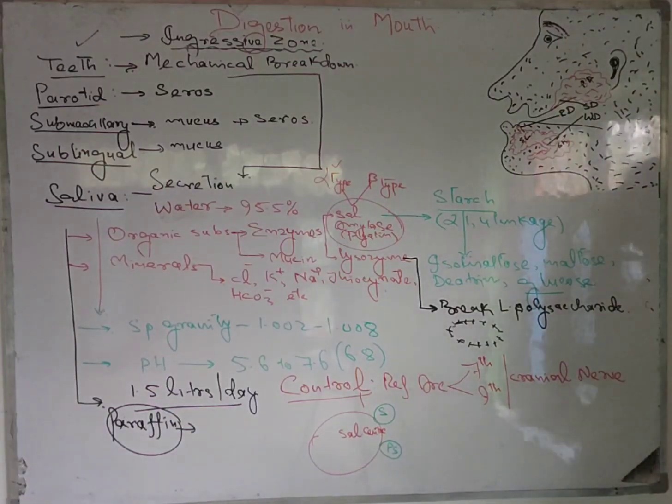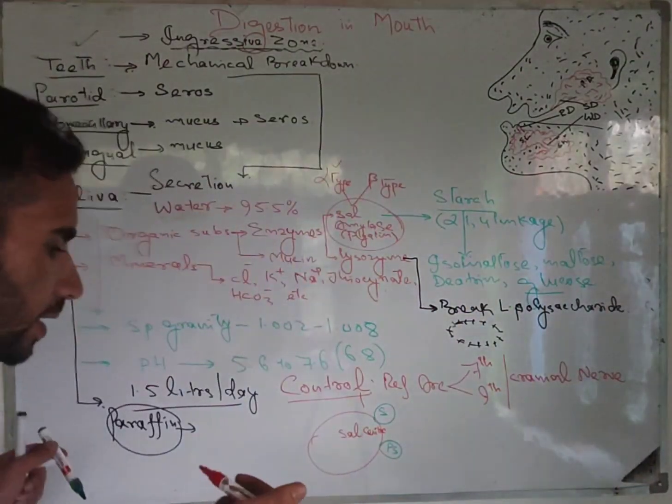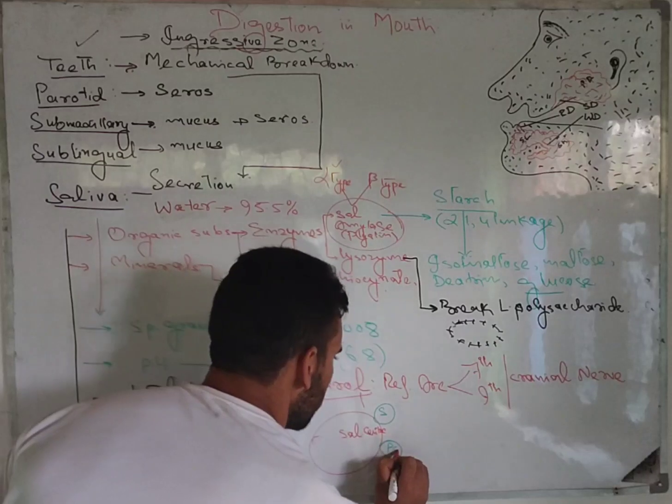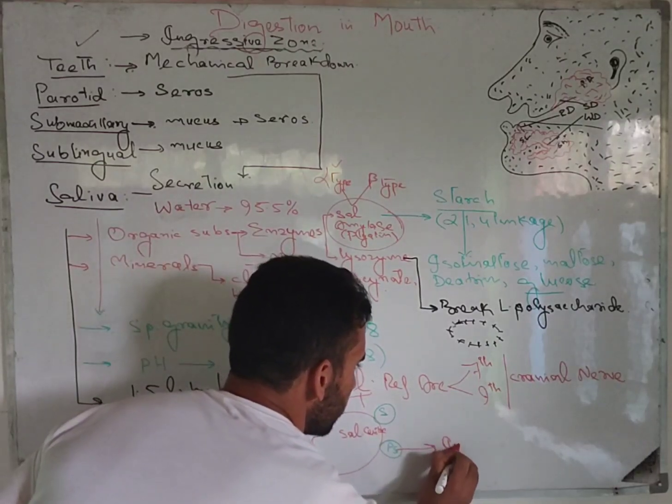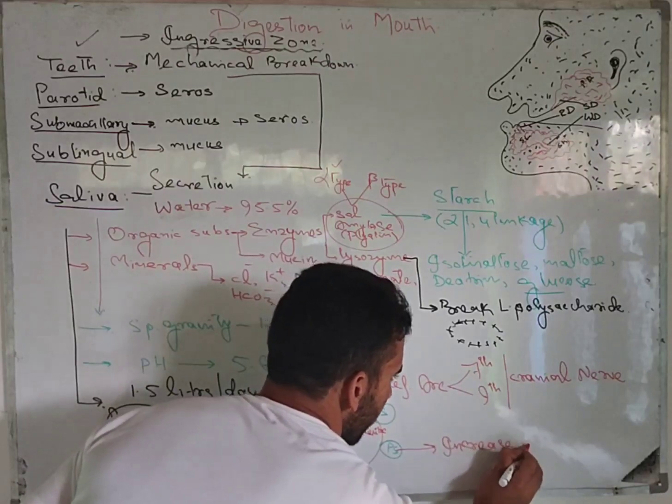Parasympathetic nerves are primarily responsible for increase in the secretion of saliva, but that saliva contains less organic substances.